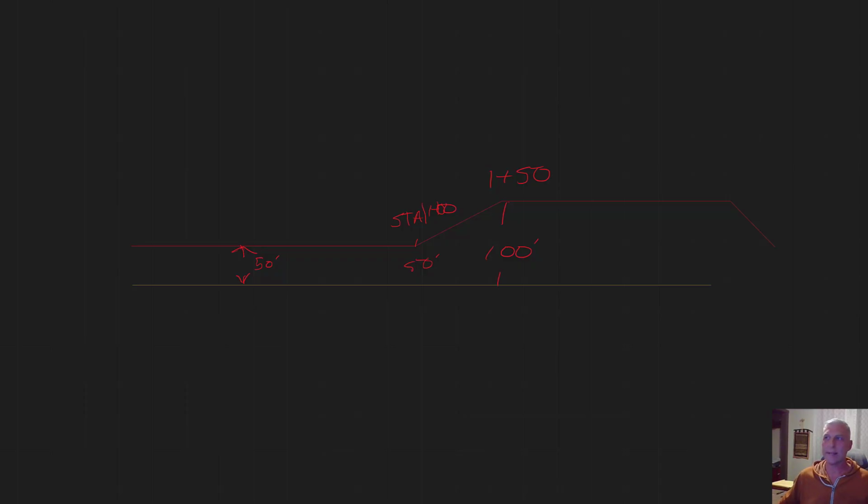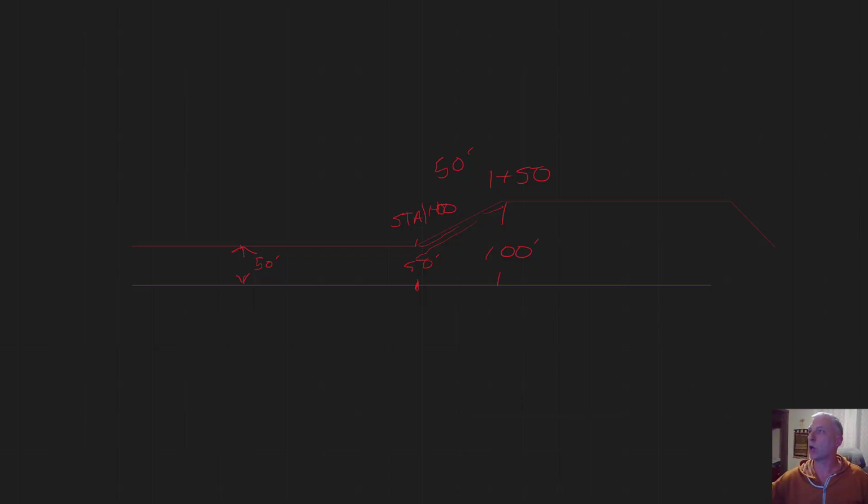Obviously, the road is widening from 50 feet, or the right-of-way is widening from a 50-foot on one side, I'm just talking about one side of the center line, to 100 feet. And that transition here occurs over how many feet? 1 plus 00 to 1 plus 50, that's 50 feet. So it takes 50 feet to transition from the 50-foot right-of-way width to the 100-foot right-of-way width. That's how stationing is used along with offset values or width values.